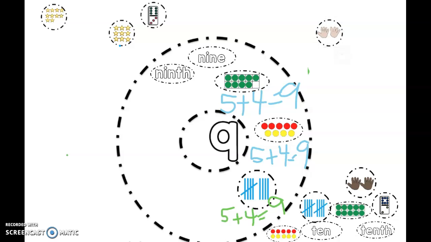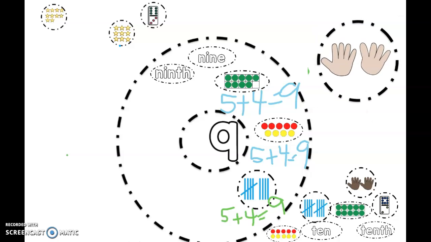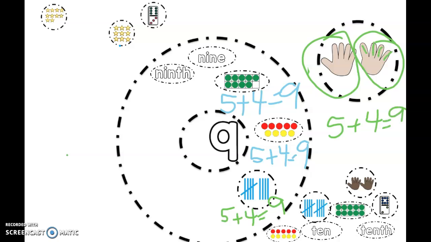Let's try these hands. All right, I see 5 fingers and 4 fingers. 5, 6, 7, 8, 9. There it is again. 5 plus 4 equals 9. So do I want this set of hands? I do want this set of hands.